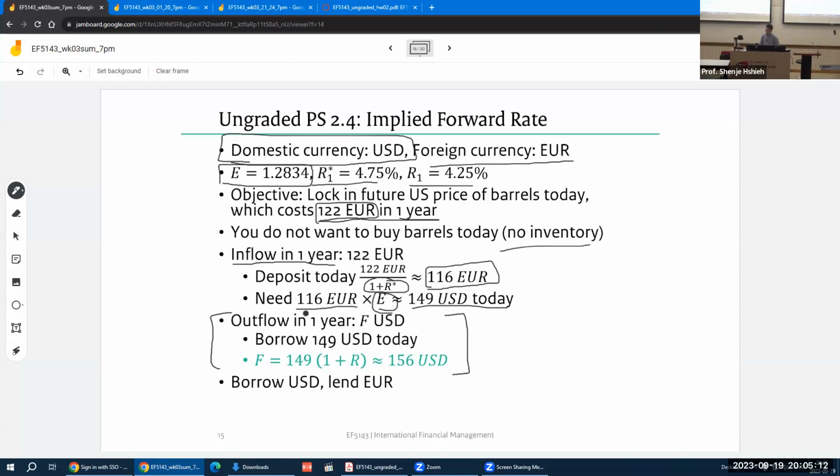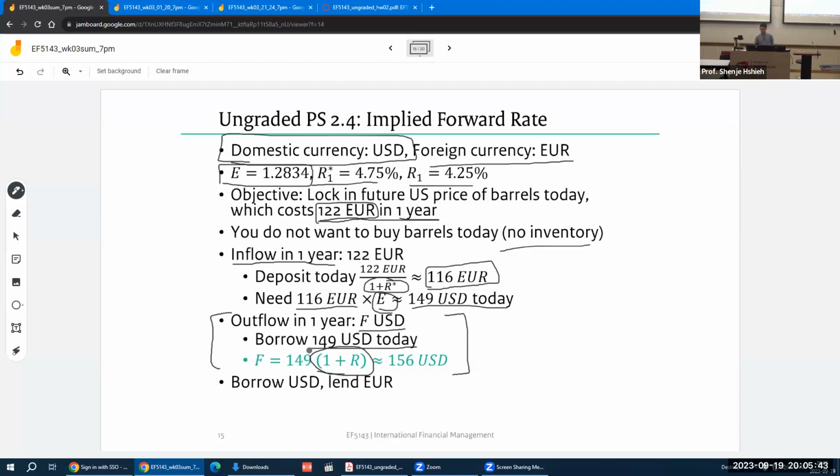So we need that 116 euros, and that means there's going to be an outflow of USD at an exchange rate of F. Okay, and so we're not going to actually use our own money. Okay, 149. We're not going to use our own money. We're going to borrow it today, so $149 today, and we're going to owe 1 plus R. Agree? 1 year, sometime in the future.